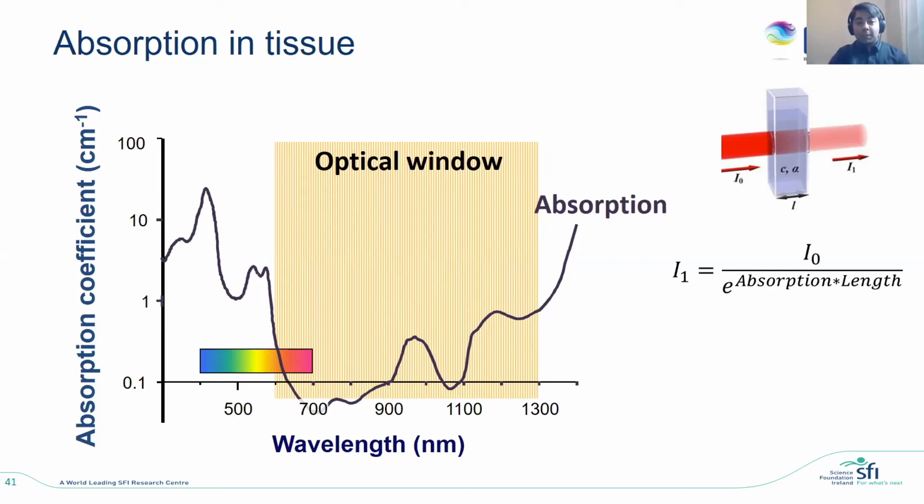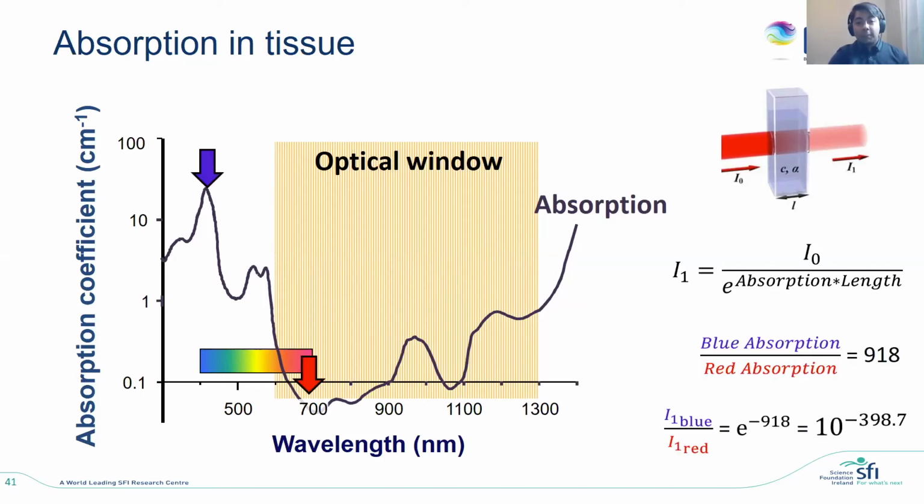So if you take, for example, a medium that has 1 centimeter minus 1 of absorption coefficient, then after a centimeter you have attenuation of 2.7, for example. If we compare the absorption from the blue, so at 400 nanometers, and the red absorption, you have actually 1,000 times more absorption than the red region.